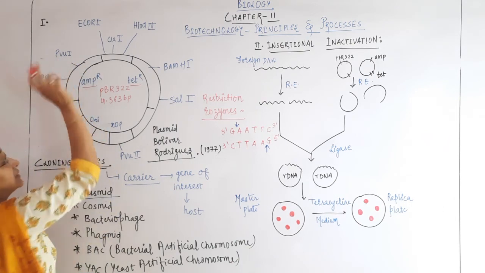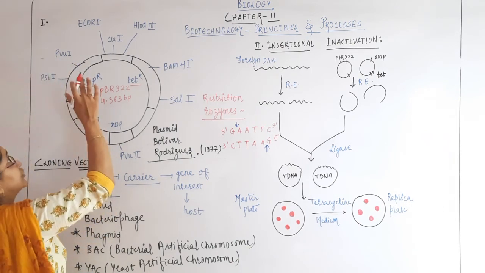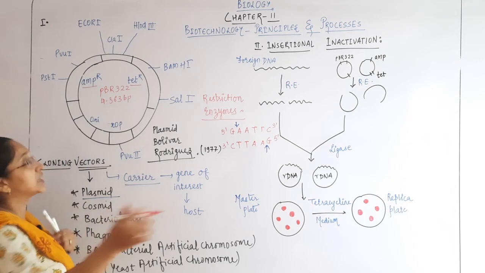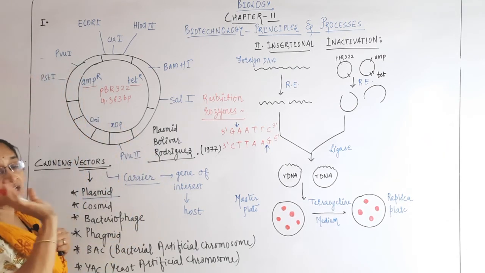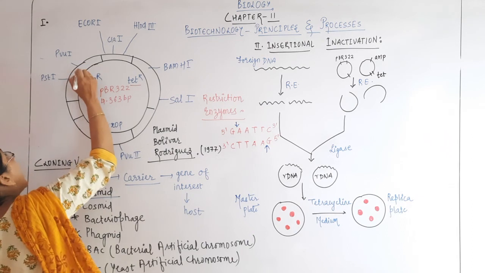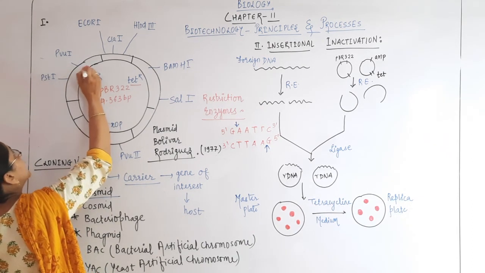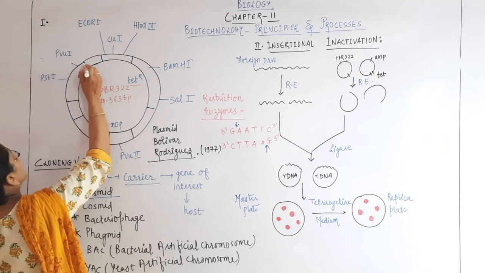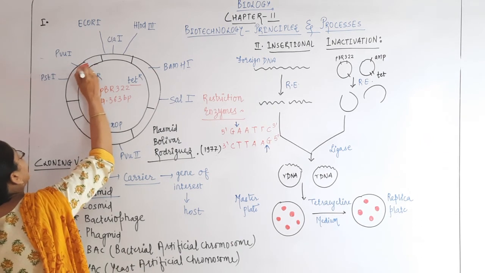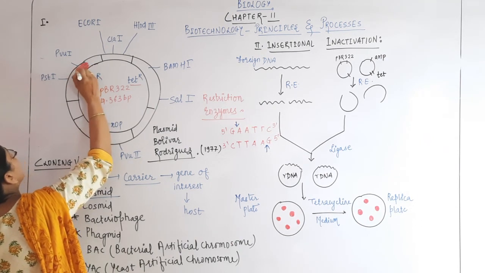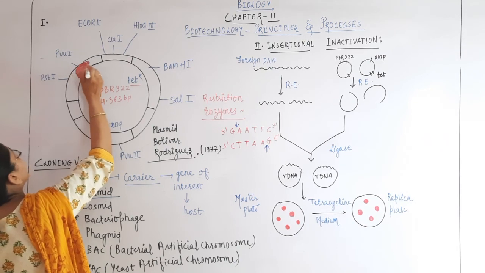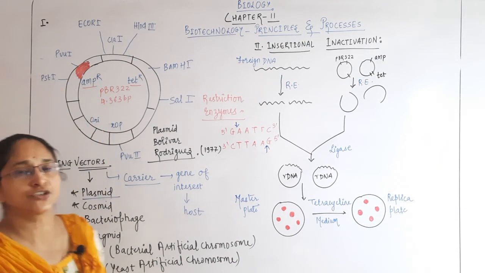So if I use PvuI as the restriction enzyme to bring about the cleavage, a cleaved site will be produced, and over here I will be able to put the DNA fragment of my interest. This red part which I am denoting is my DNA fragment, which I will incorporate over here.